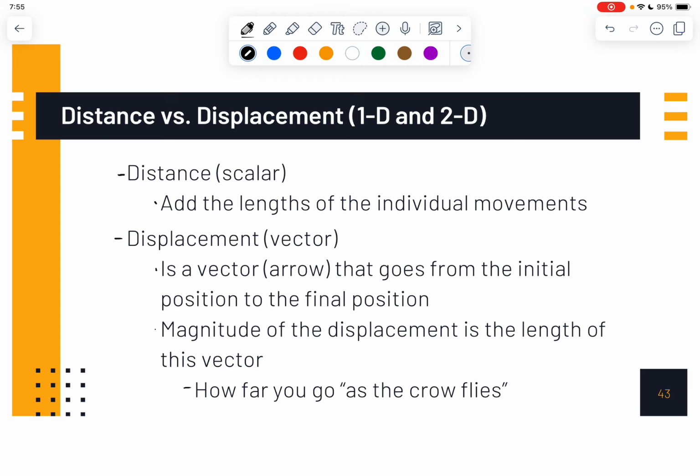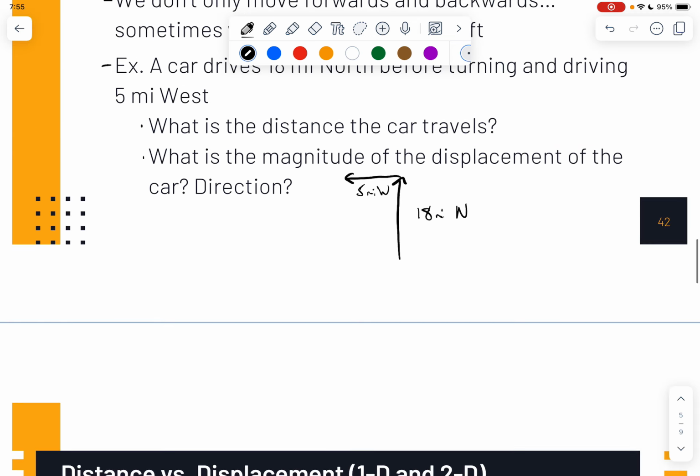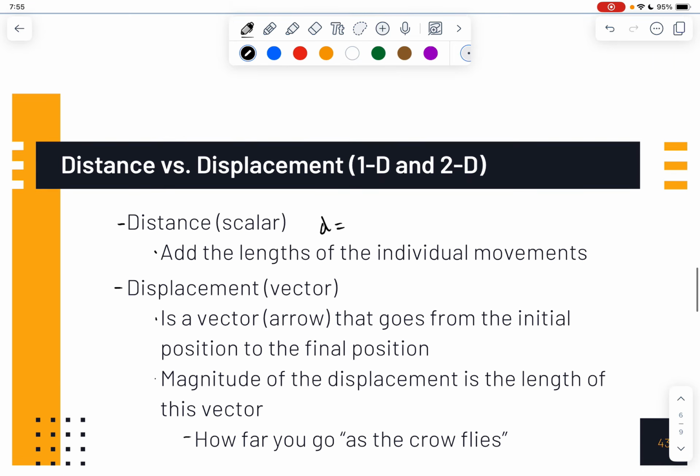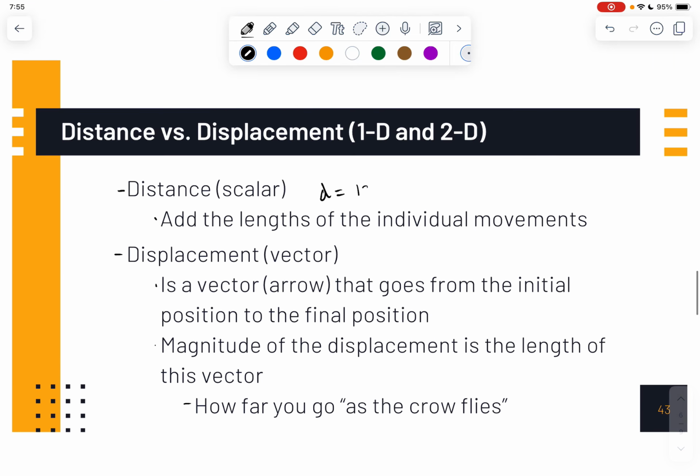So first thing, if we're trying to find distance, we said distance was going to be a scalar quantity. So all we want to do is add the lengths of our individual movements together. So for this case, if we're trying to find our total distance traveled, we're basically just saying we're first going 18 miles, and then we're going 5 miles.